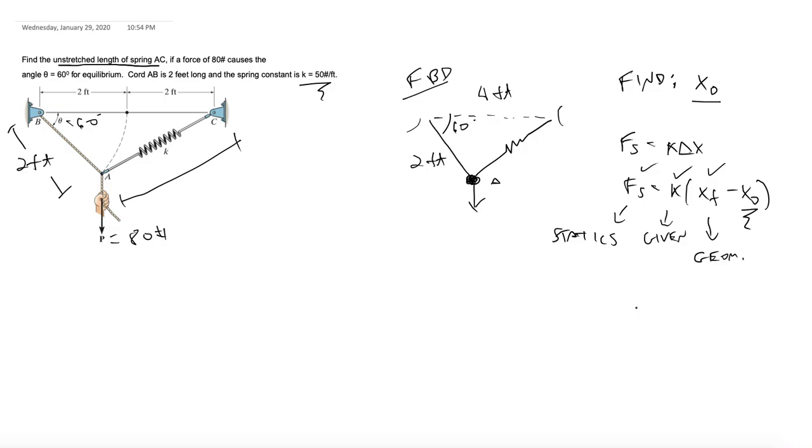That's why I said that the triangle could be very valuable, and it truly is. So let me draw it one more time. This right here is XF. This is 2, this is 4, and this is 60. To find this side, we're going to use the law of cosines.